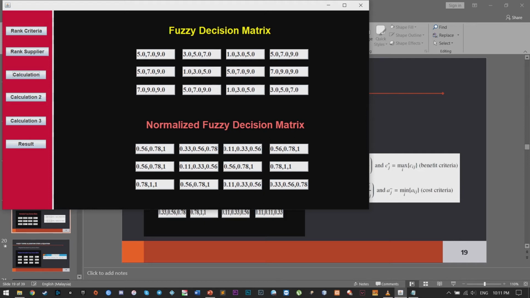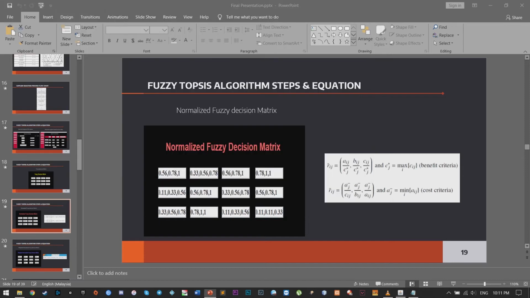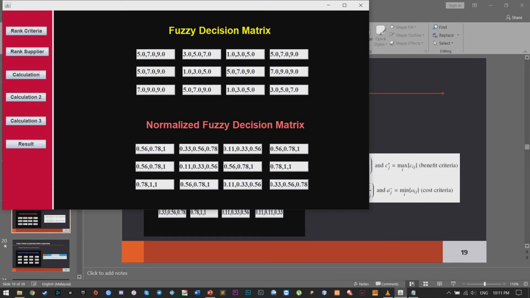In this case, it will take the highest and divide all of the values by the highest value. The formula is shown here. As for example, in this case, the highest is 7, 9, 9 in the third row and the first column. So all these values will be divided by 7, 9, and 9. Here's the result.